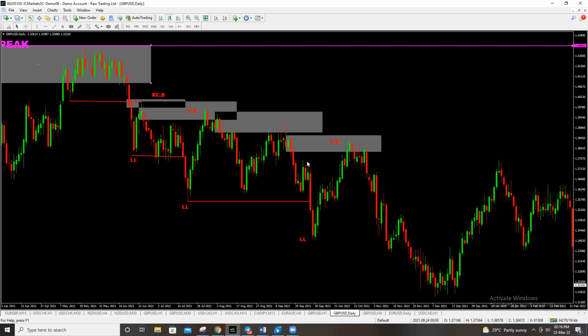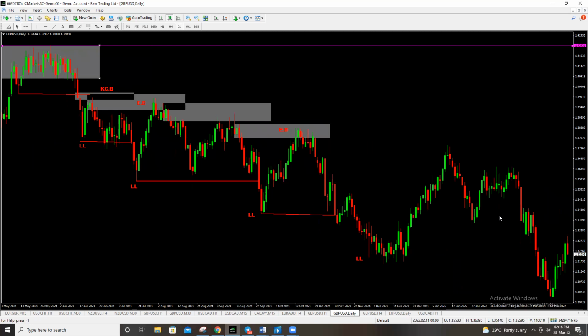Has to hit some highs, has to break those highs before the market now shifts lower, breaking structure again, giving us more lower lows, okay? So then we continue.